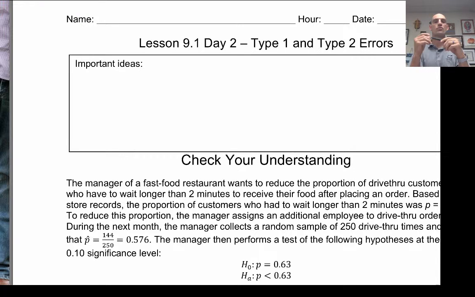So let's say we conclude that it's true, but it's not. Okay, so we would conclude that the null hypothesis is true, but it really wasn't. That would be one type of error. The other type of error is that the alternative hypothesis is true, but we make the wrong decision. So we can make the wrong decision either way. So let me outline it like this. Type 1 error.